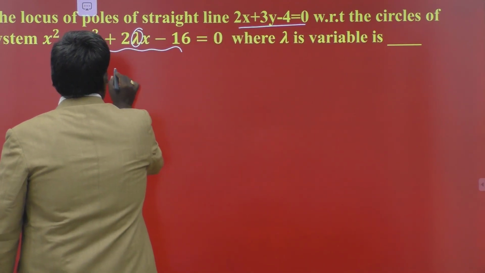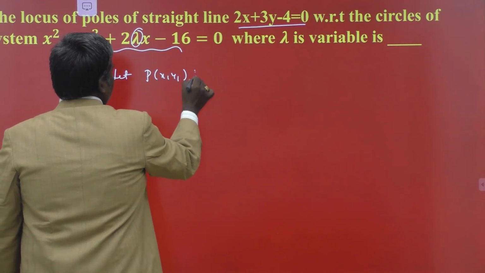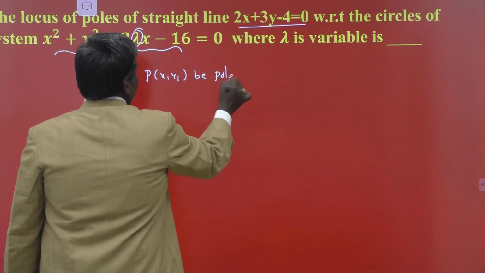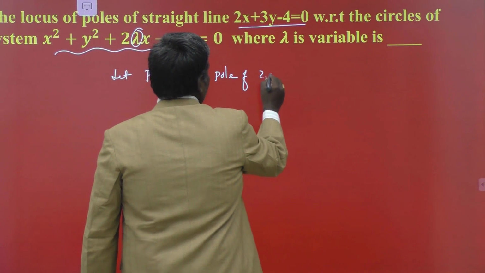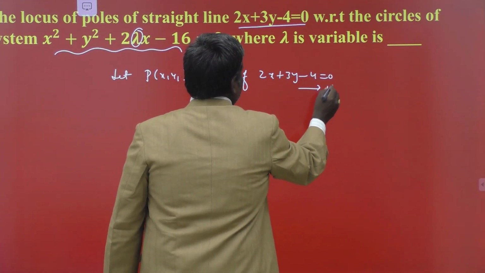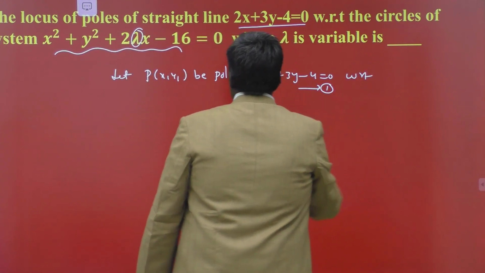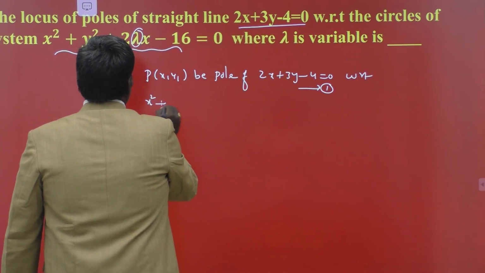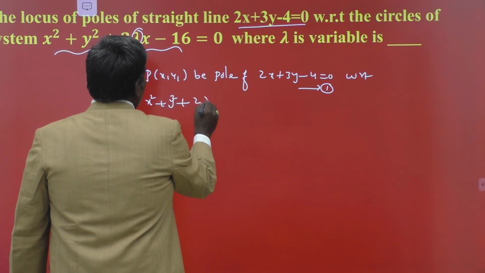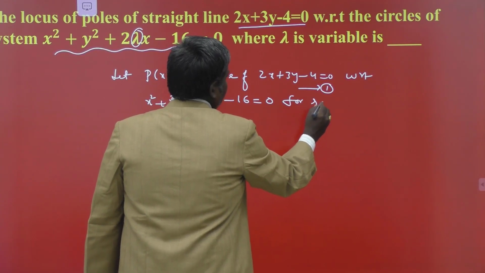So for this, let P(x1, y1) be the pole of 2x plus 3y minus 4 equal to 0, say this is equation number 1, with respect to x square plus y square plus 2 lambda x minus 16 equal to 0 for some lambda.